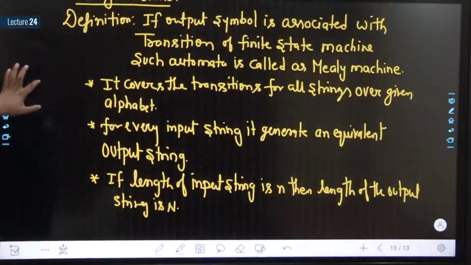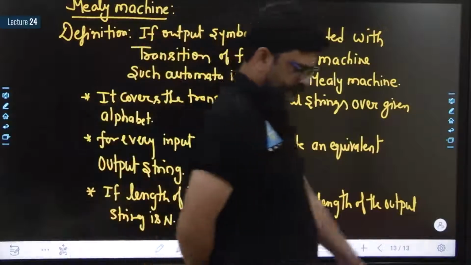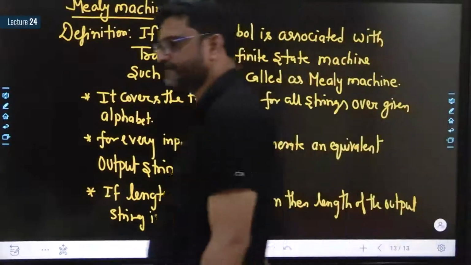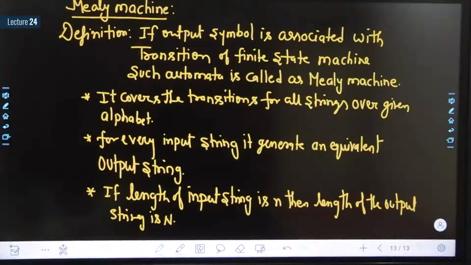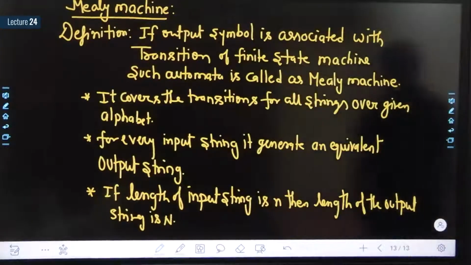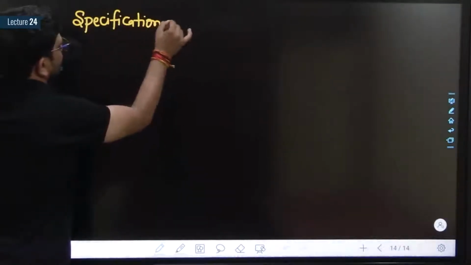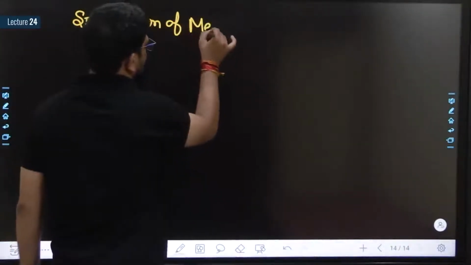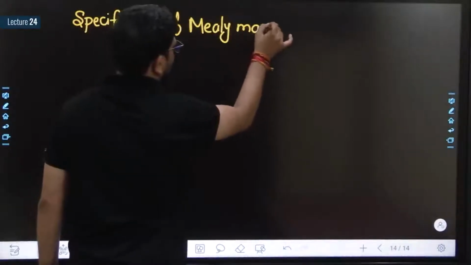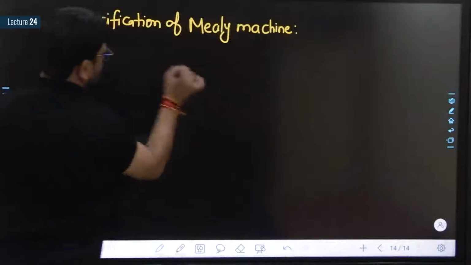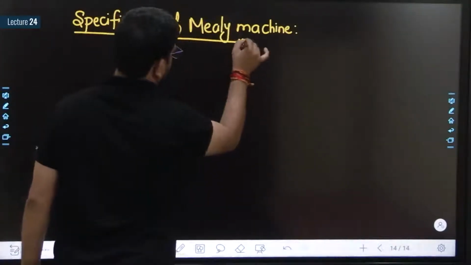Next, we will see the specification of the Mealy machine.